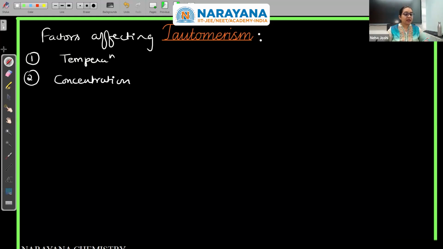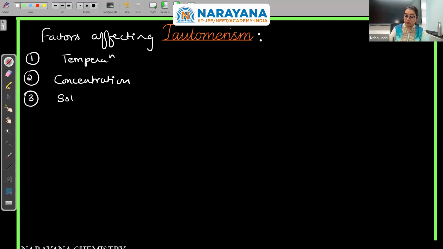Then the equilibrium gets affected, and we have a different concentration of enol. So concentration of the molecules can have an impact. That is one possibility. Okay.